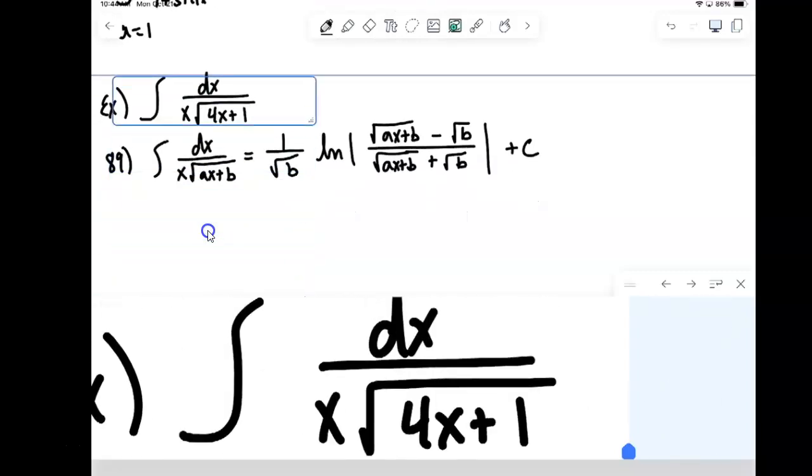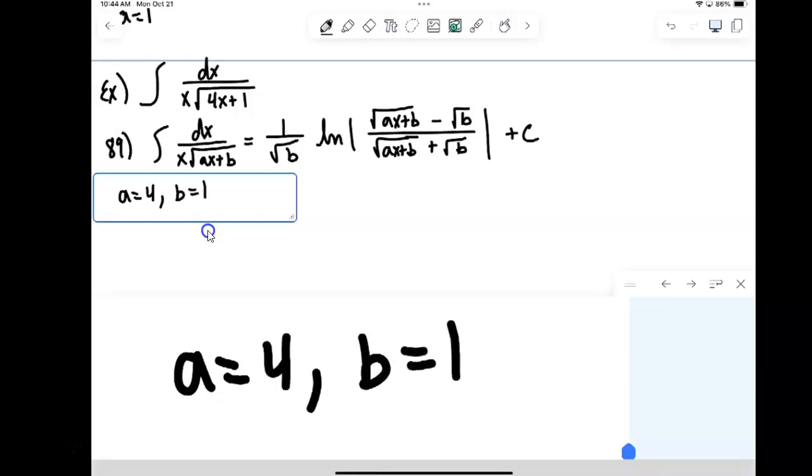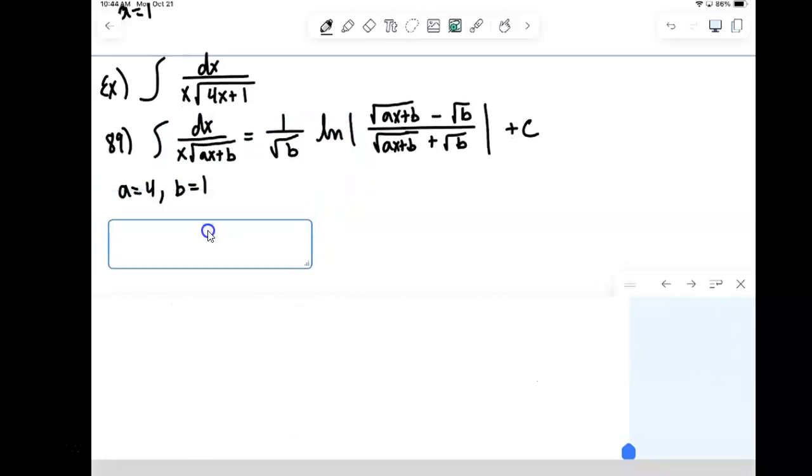So we have the integral of dx over x square root of 4x plus 1. In our formula, recognize that a is 4 and b is 1. Then we just use our formula.